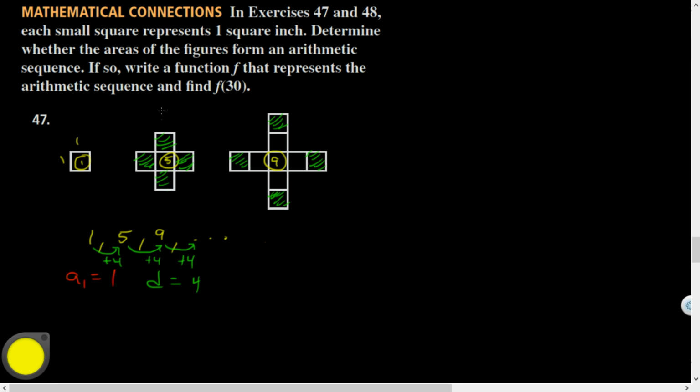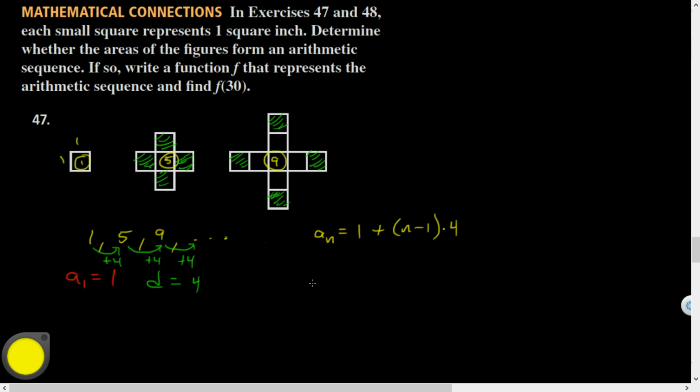So let's write a function that represents the nth term. So a sub n is going to equal the first term plus n minus 1 multiplied by the common difference of 4. All right. And they wanted this in function notation.